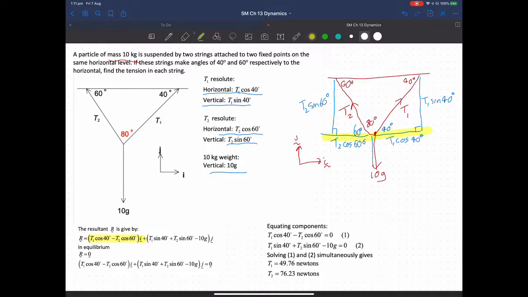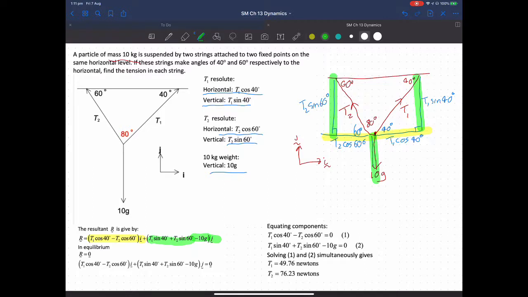Now we're going to consider vertically. Vertically going up, I have T1 sine 40 plus T2 sine 60. But going down, I have 10g, so I must subtract it. And that is in the j direction.